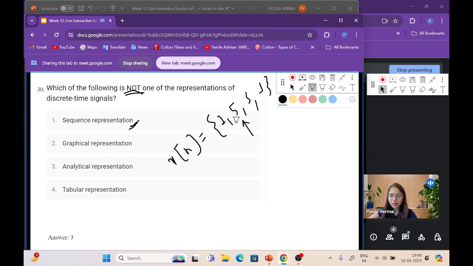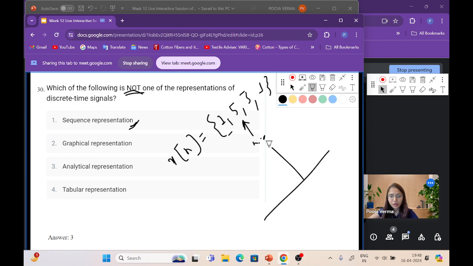This is marked with n equal to 0, so it is -1, -2 on this side and 1, 2, 3 on this side. Graphical representation is also possible for a discrete time signal.